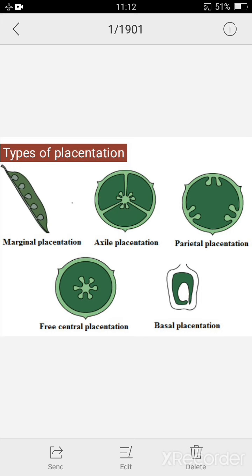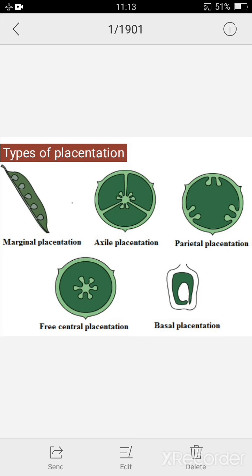Okay, what is the definition of apocarpous? Let us discuss. Please listen. The phenomenon of having more number of carpels in free condition is called apocarpous. Example, lotus and rose.